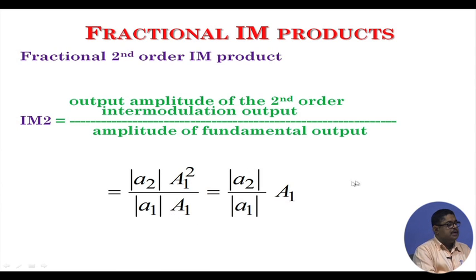So, I get this. Intermodulation product of second order IM2, this I am calling fractional because I am normalizing with fundamental output, that you see varies linearly with this A1. A1 is the level. So, IM2 varies linearly with the level.